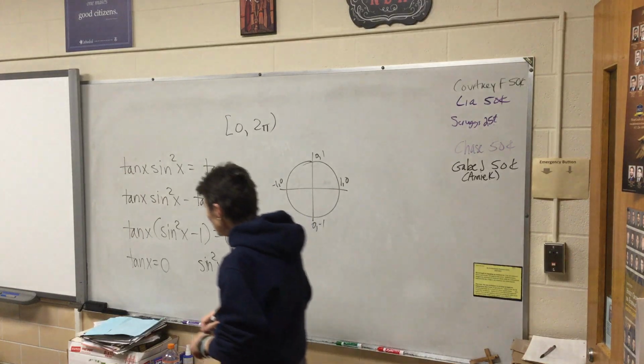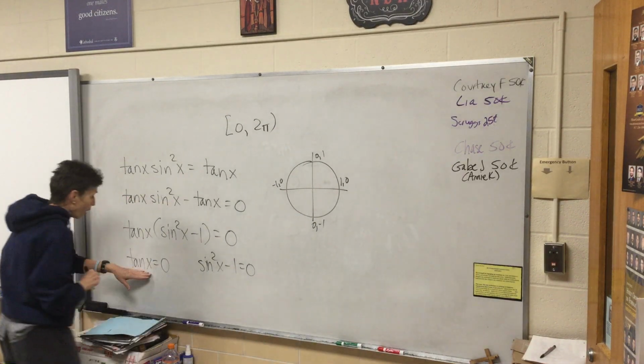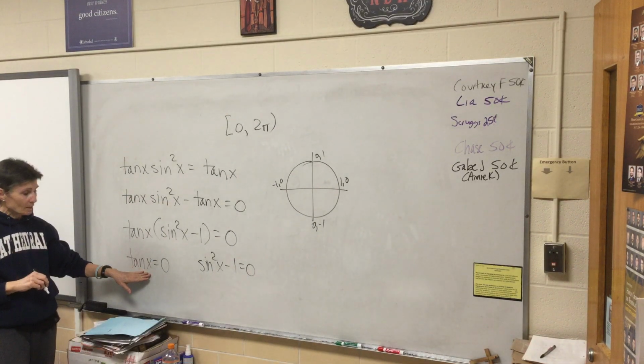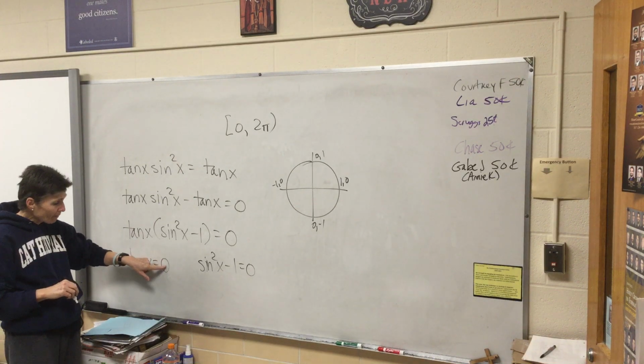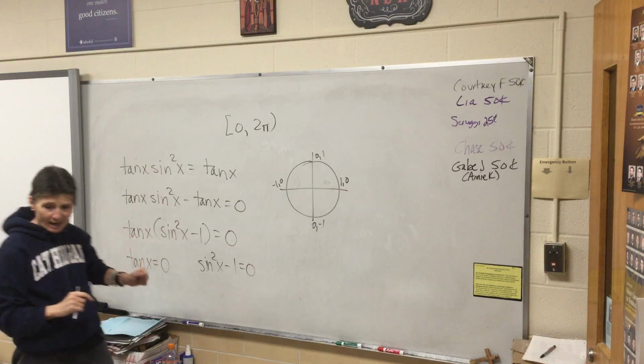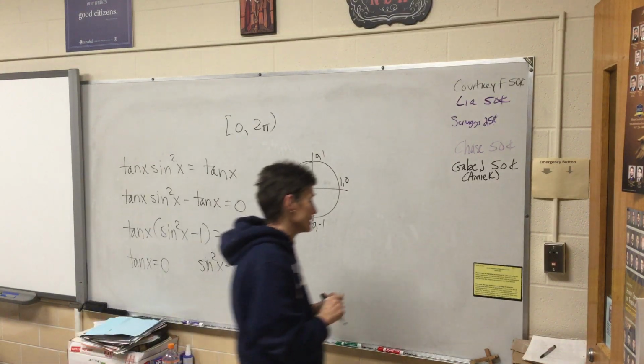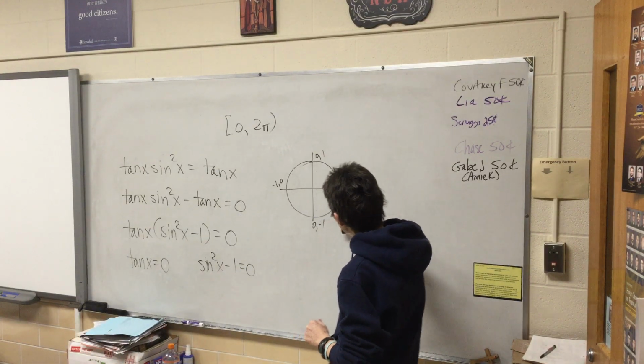Because it would be impossible to draw a triangle with a side of 0. This is opposite over adjacent. So opposite would have to be 0. You can't do that. Can't have a triangle with a side of 0. So we got to go to our circle.